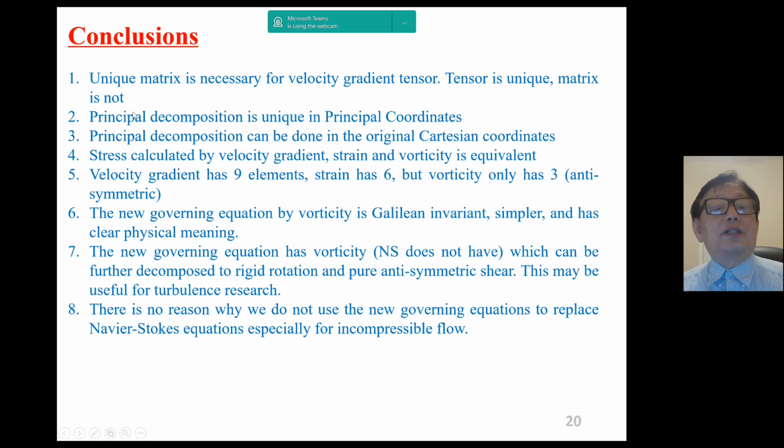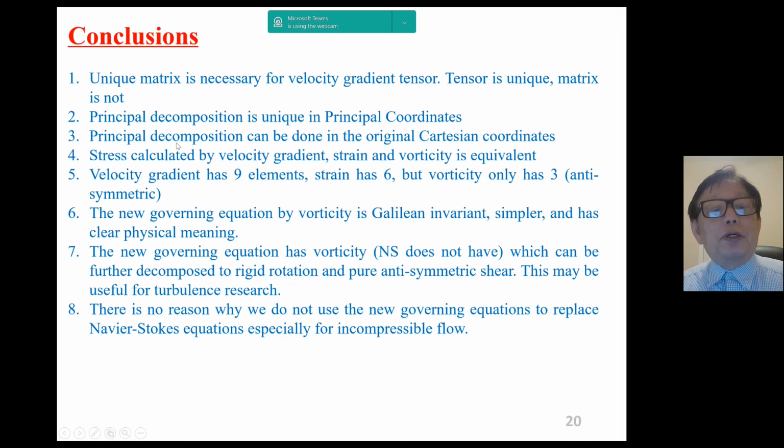The conclusion is: we know the velocity gradient tensor is unique, but we must define the matrix. It also should be unique, but in general it's not. So we give a principal decomposition, which is unique in the principal coordinates.